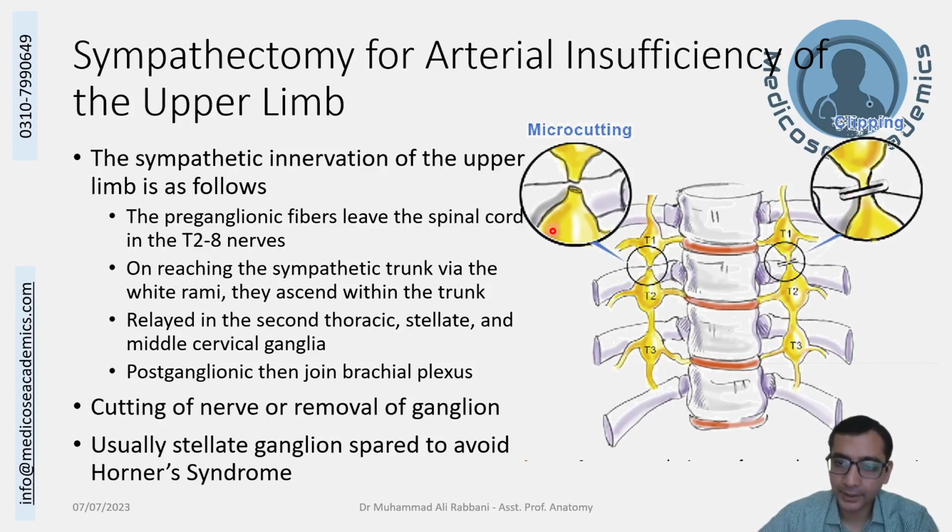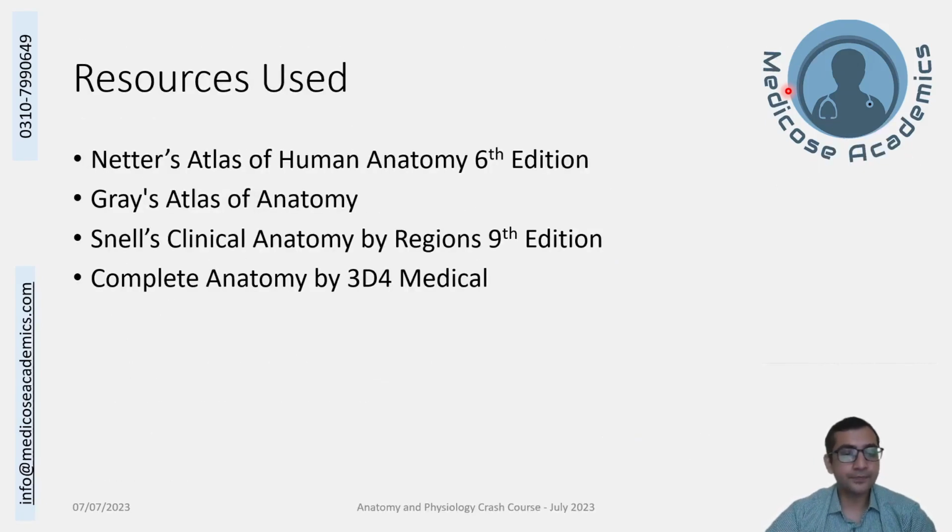And when it does not go up, it cannot go into the brachial plexus by the gray rami communicantes of C5 to T1. So the sympathetic supply of the upper limb is interrupted. At the same time, most of the outflow for the head and neck is coming from the thoracic outflow. So T1 is intact, and the fibers will go up, and Horner syndrome will be avoided. So this is about the clipping.